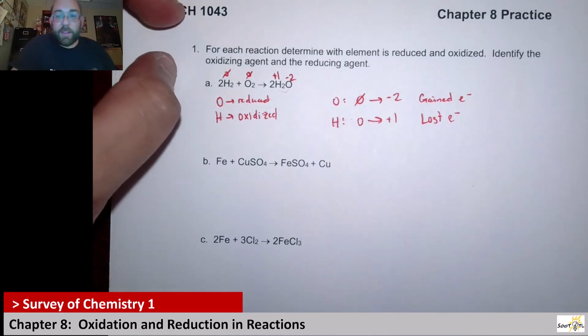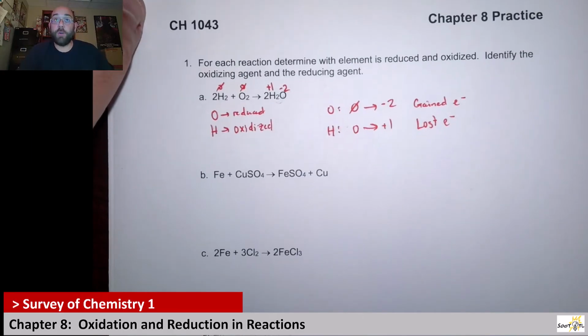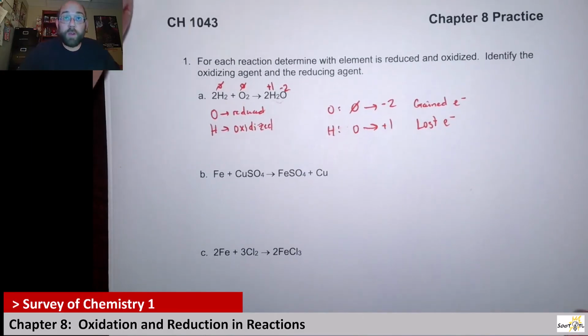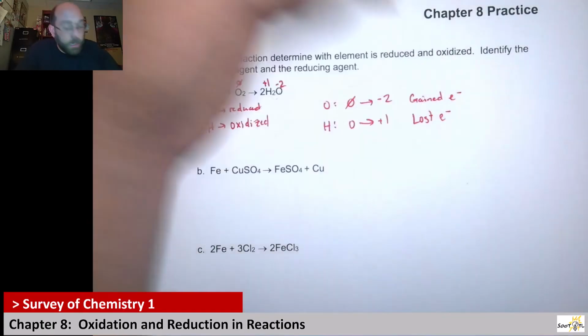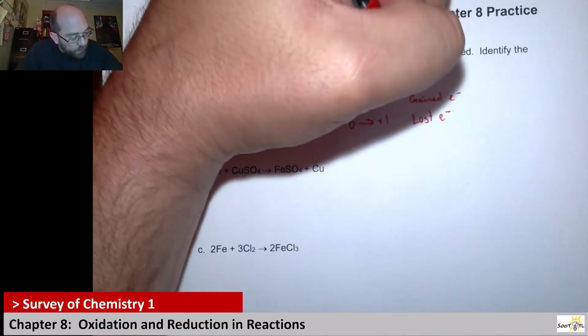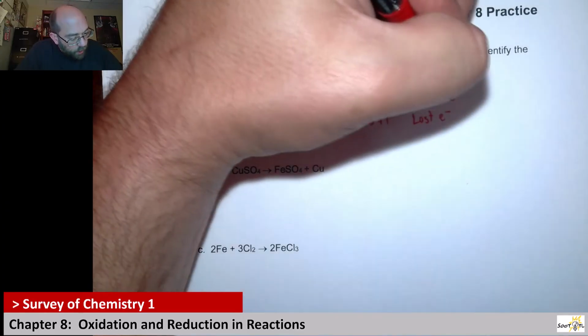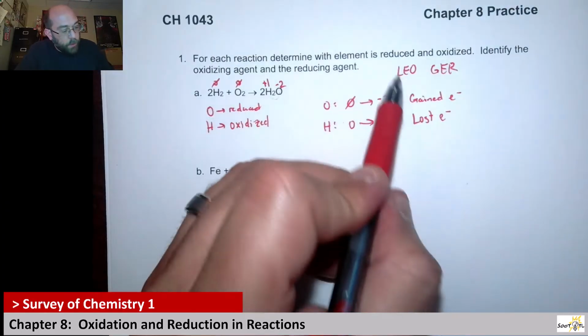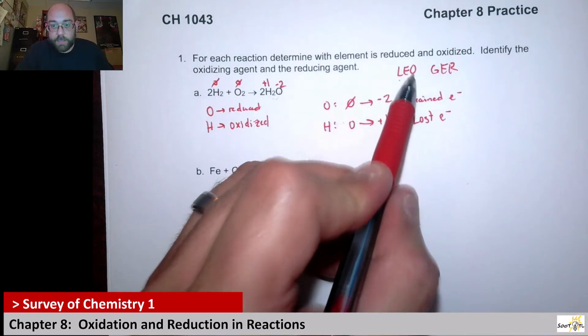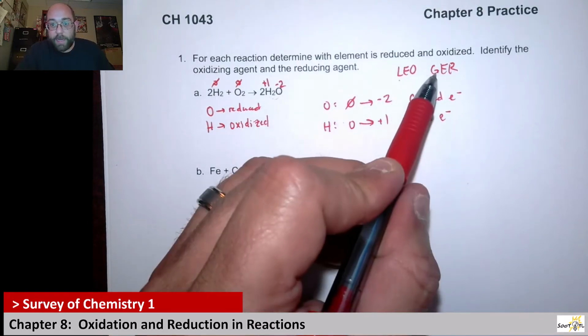In the gaining and losing of those electrons, there's also a little saying. You can either use OIL RIG or LEO says GER. Leo the lion goes GER. I'm old, so I use the Leo one. These are acronyms for: lose electrons, oxidized; gain electrons, reduced.